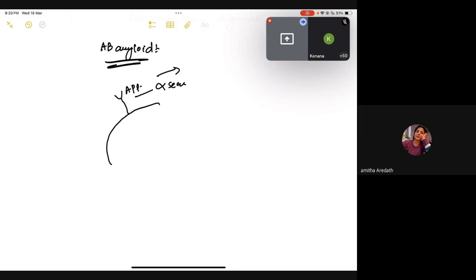It would be converted into an alpha configuration APP, and you can simply degrade it, right? So the cells within your central nervous system can degrade APP whenever alpha secretase acts on it.